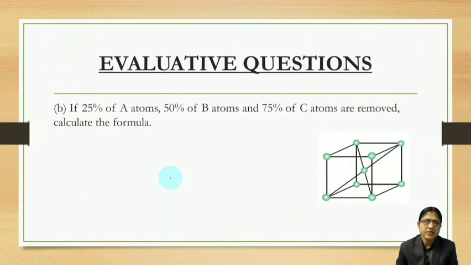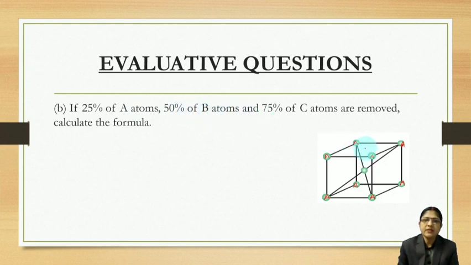Let us discuss next one. Here given, if 25% of A atoms, A means corner atoms, all are corner atoms, A, right. 25% of A atoms, 50% of B atoms.